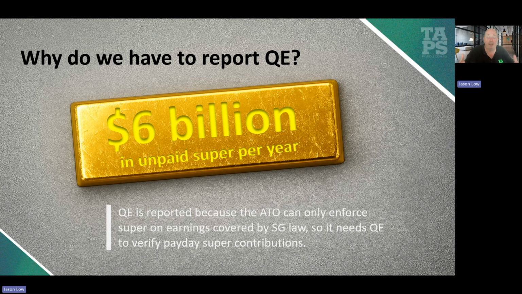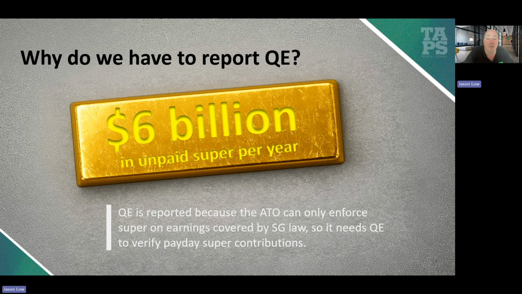And they'll be able to match that and go, right, Jason said he had to pay $20,000. The super funds have said they've received $20,000. That balances. If it doesn't balance, the ATO will be able to go down and look at it on an employee by employee basis and go, oh, this employee wasn't paid, this employee wasn't paid, that employee wasn't paid.